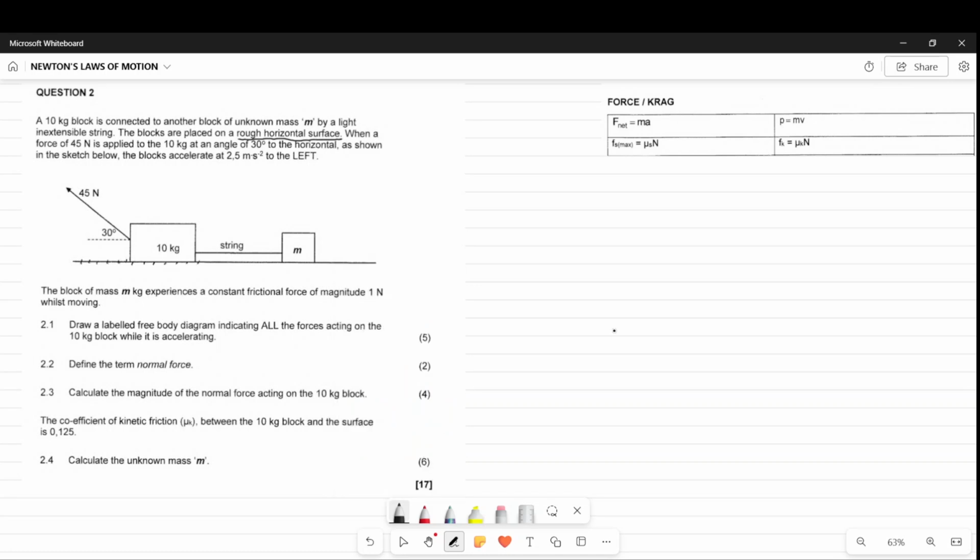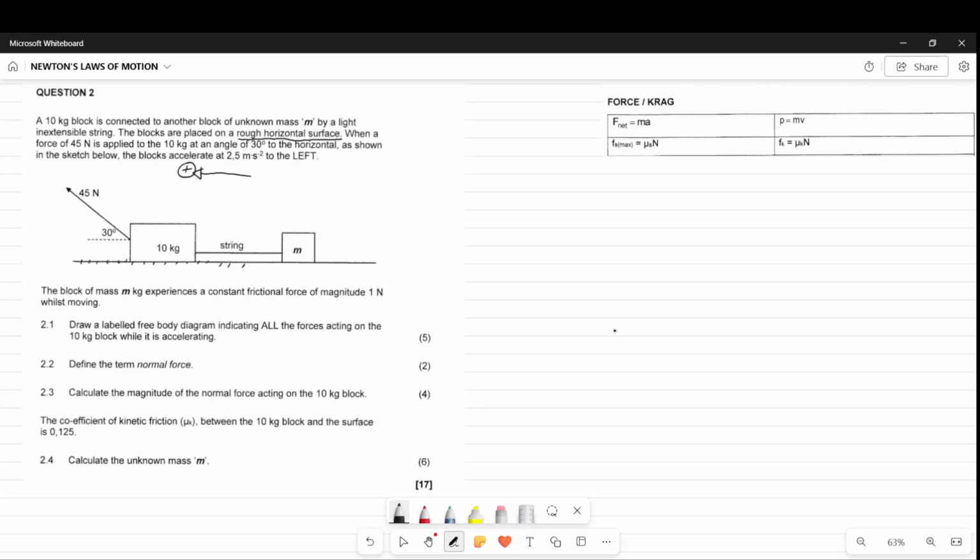So we know automatically on this diagram there is friction. Now, when a force of 45 newtons is applied to the 10 kg block at an angle of 30 degrees to the horizontal, as shown in the sketch below, the blocks accelerate at 2.5 meters per second squared to the left. We're going to take this direction of motion to be positive, because the blocks are moving to the left.